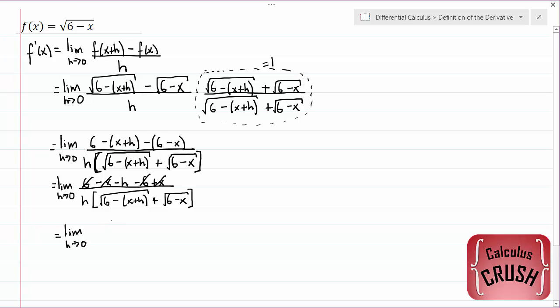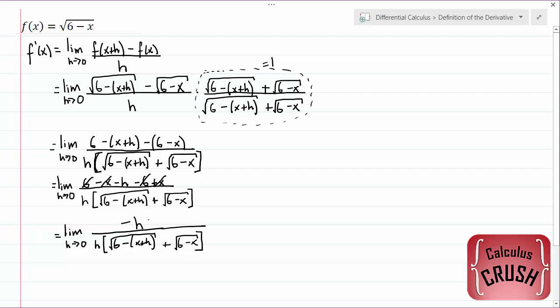So all we've got on the top, actually I'm going to write the bottom first because the bottom's way bigger than the top. H, big bracket, the square root of 6 minus x plus h, plus the square root of 6 minus x, close the big bracket, and we have a minus h on top.